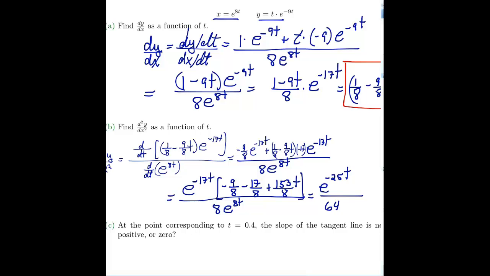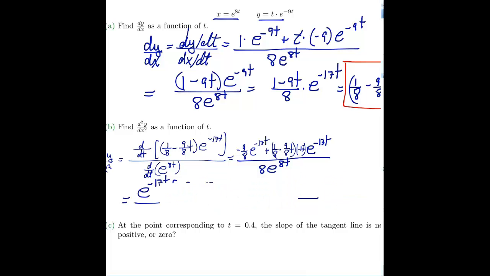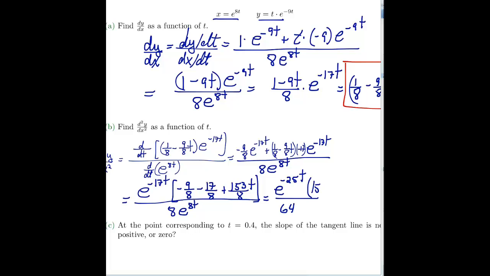And then in the bracket, the 8 is already gone, so we're going to have minus 9 minus 17, which is minus 26, plus 153t. So again, let me move this. And then we're just going to have 153t minus 26. So I think that's right.